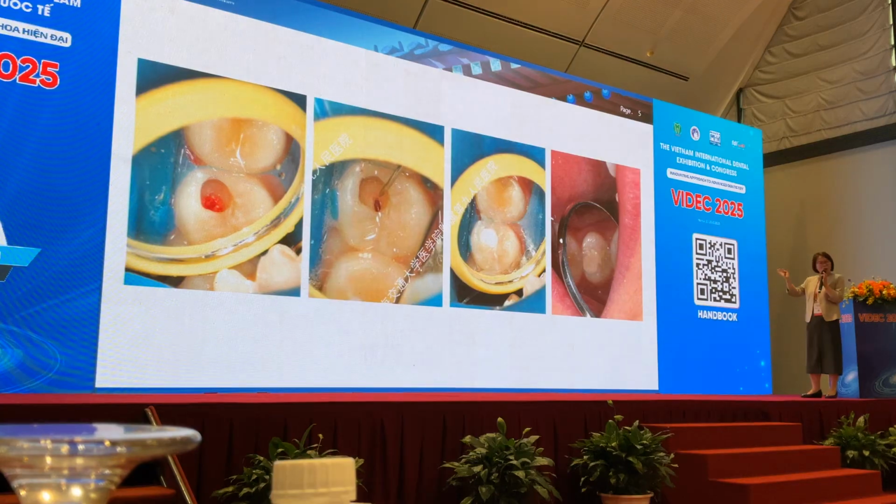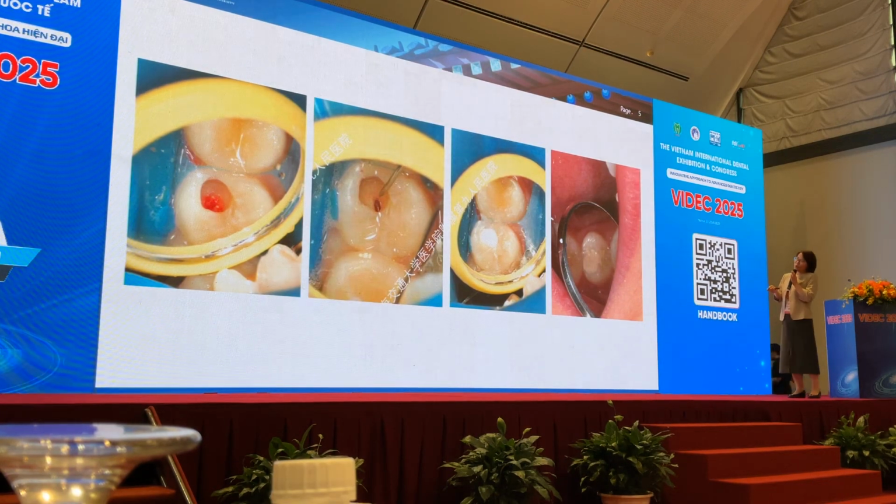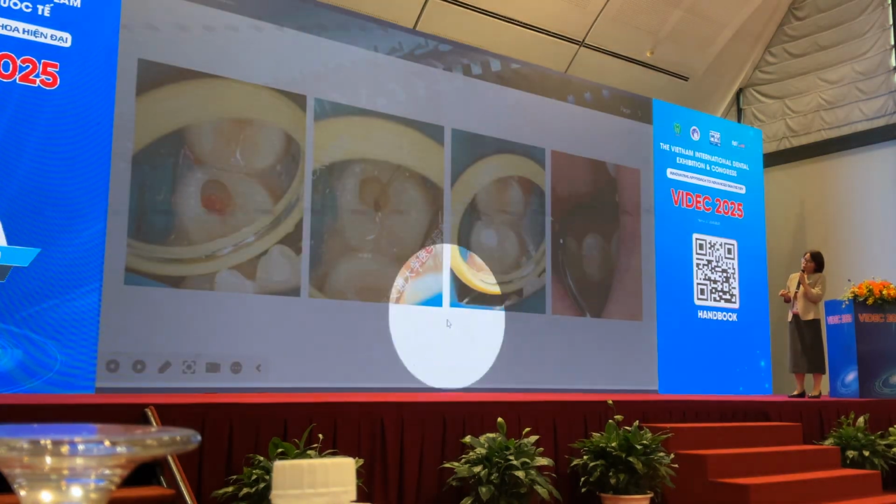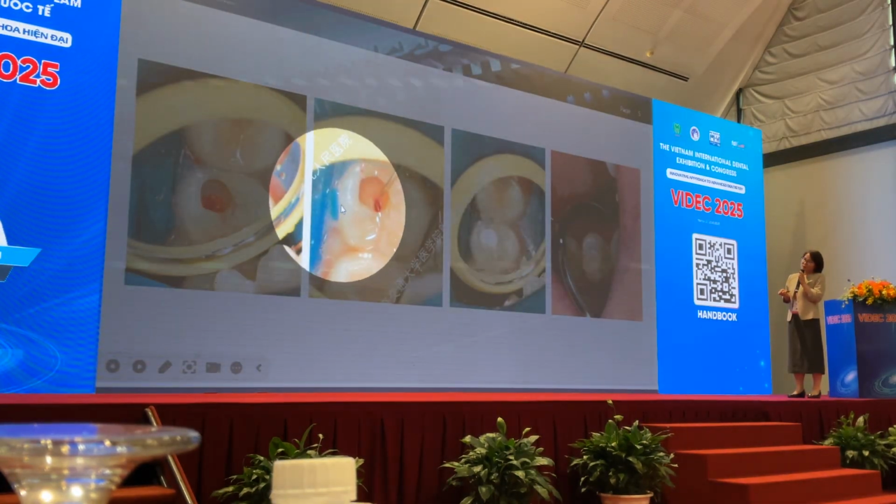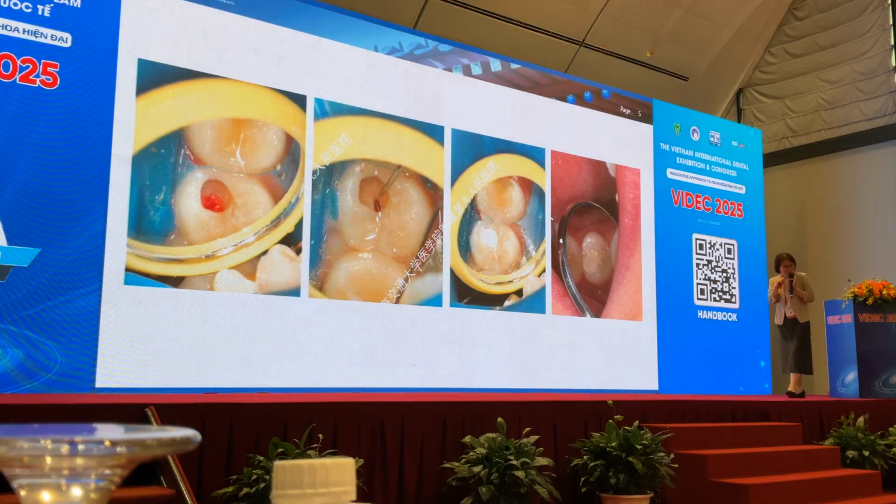But after all the carious tissue was removed, white pulp tissue was observed just 1 or 2 millimeters beyond the exposure site. Then white pulp surgery was performed to keep the tooth in 2 visits.